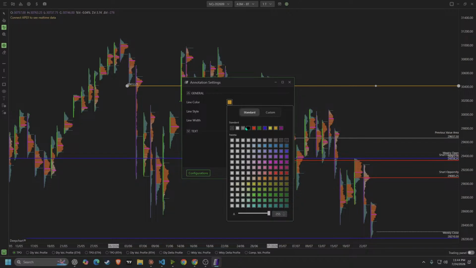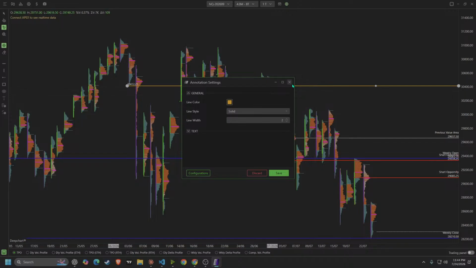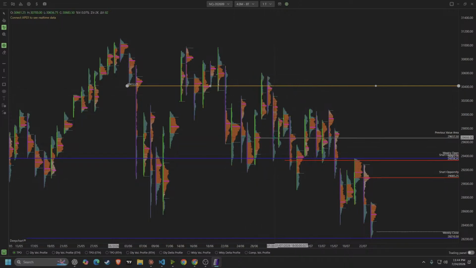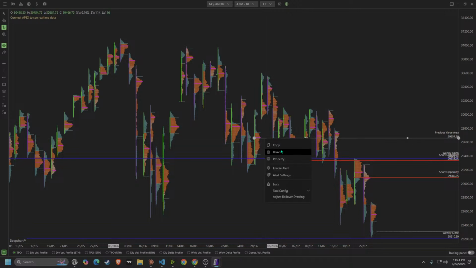All right. And what we can do here is actually just delete that, duplicate, put it at the value area high.